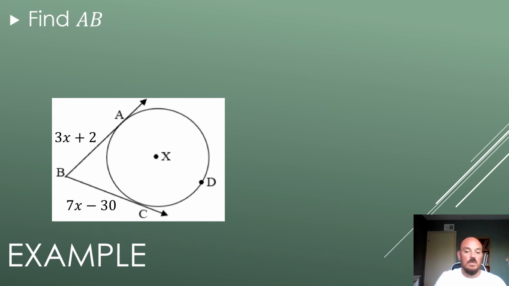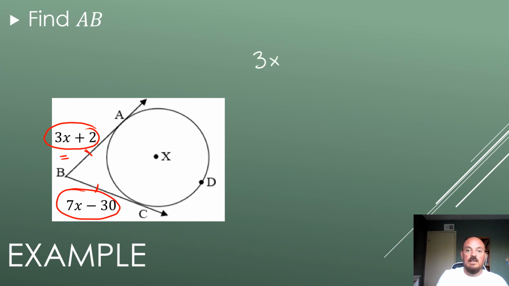Since I'm seeing a circumscribed angle, this line segment is congruent to this line segment. That means 3x plus 2 is equal to 7x minus 30, and that's the equation we're going to solve.